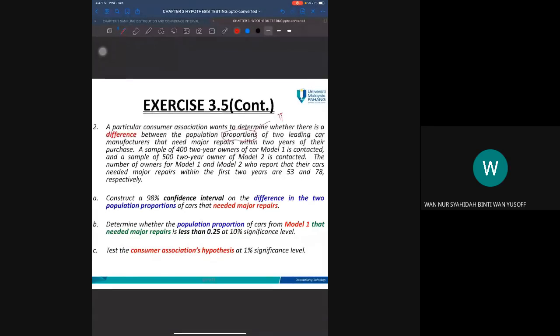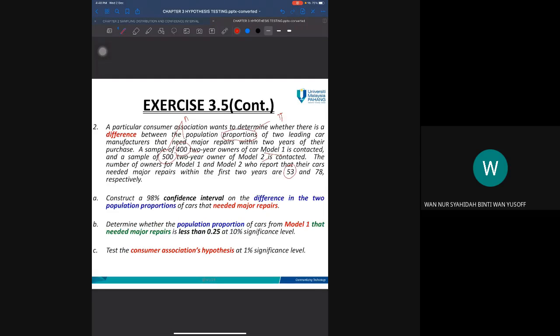So we have a sample of 400 for model 1 and 500 for model 2. So 400 and 500, what are they? Sample size. The number of owners for model 1 and model 2 who report that their car needed major repair within the first 2 years are 53 and 78.